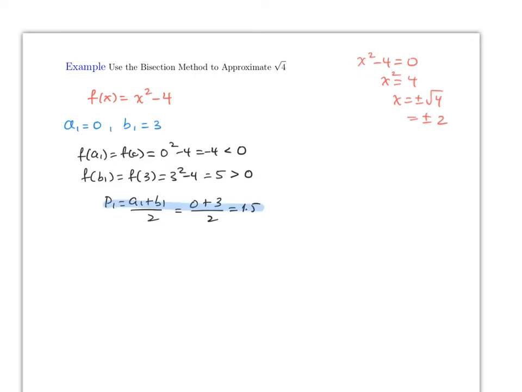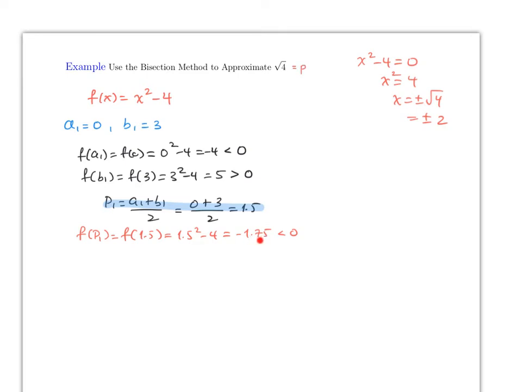All right, so now we find f of p1, which is the same thing as f of 1.5. And this is 1.5 squared minus 4, which is negative 1.75. So this is negative. Here, the square root of 4, we're going to call it p, whatever the value is.